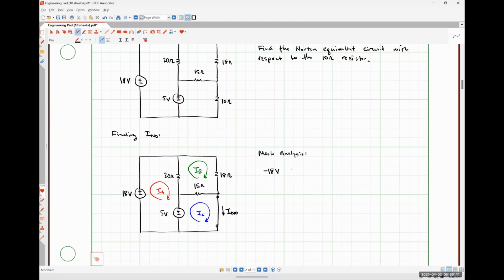So negative 18 volts plus 20 ohms times (IA minus IB) plus 5 volts is equal to 0. Great job. Thank you. Somebody else tell me what my mesh B equation is going to look like.